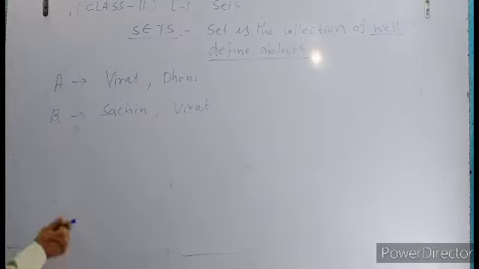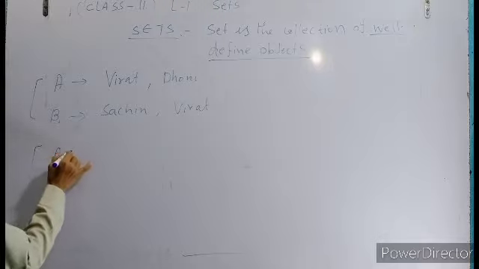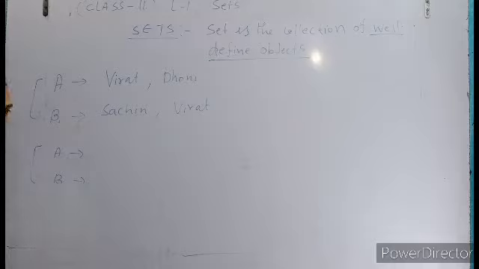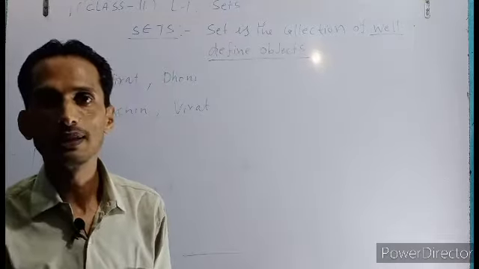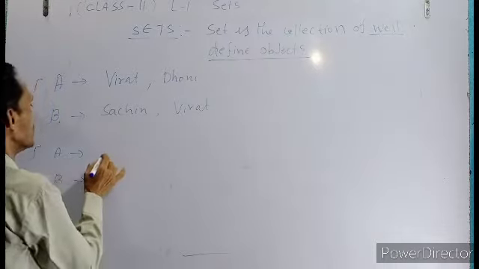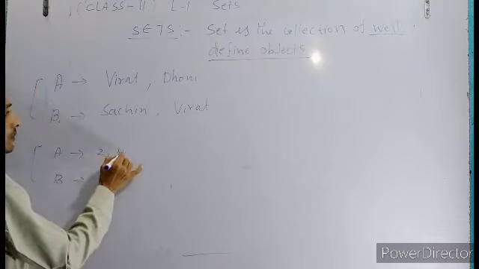Suppose we ask another question. If I ask A and B for the multiples of 2 less than 10, A told me 2, 4, 6, 8.